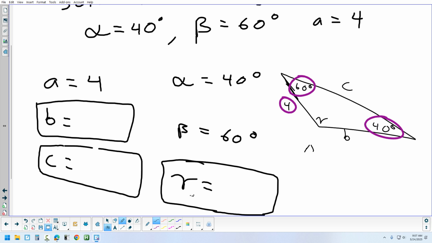You can say either angle, angle, side, or you can say side, angle, angle. But the point is you have 2 angles and a side that does not connect them. Any questions why it's that type?